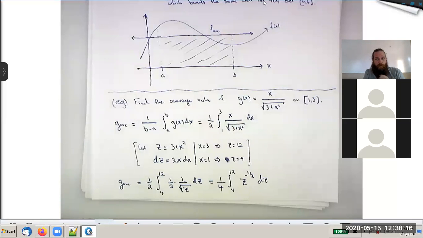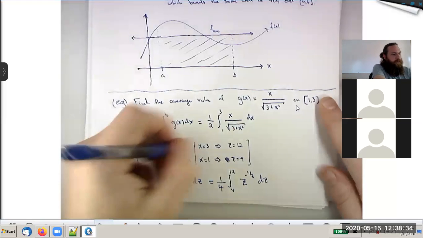Wouldn't the inside of the integral be 2 times 1 over the square root of z? No. So the x dx isn't equal to 2 dz, it's equal to 1/2 dz. So there is a little step here that I haven't written down that sometimes I do.